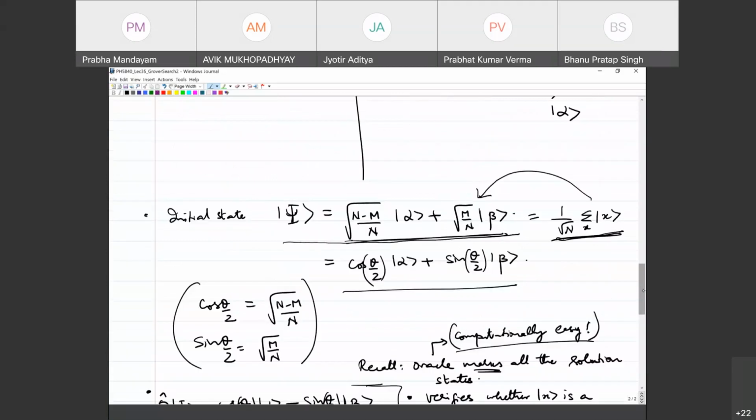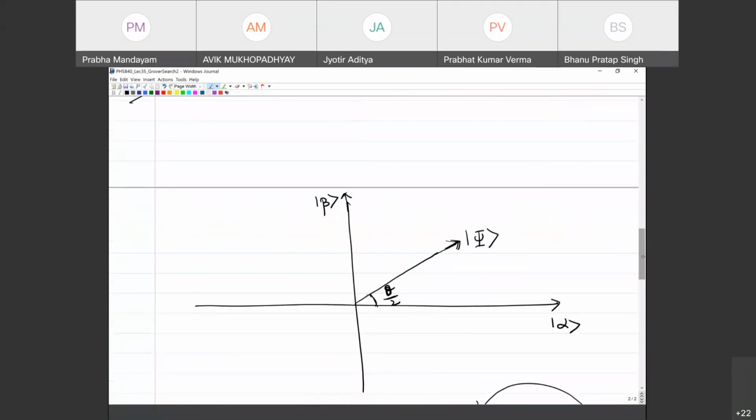Well, there are actually two variations. Avik is asking whether we know capital M or not. There are actually two variants of the Grover search. You can do one where M is known, and that's the simpler case. That's basically what we are doing now, because knowledge of M will tell you how many times you have to rotate. We'll see that right now. The number of times you have to query the oracle depends on how many solutions there are.